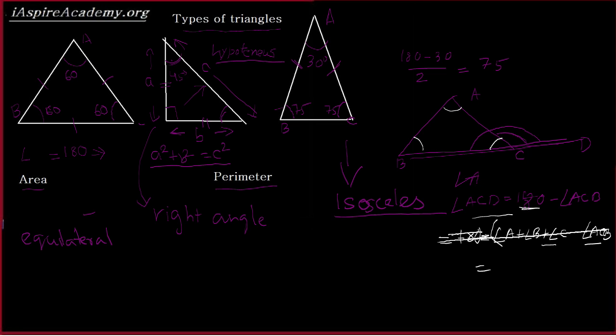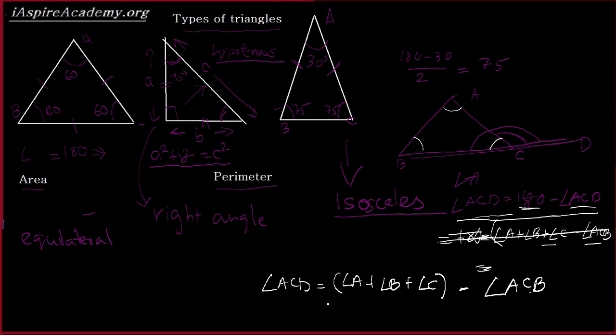So ACD equals 180 degrees, which equals A plus B plus C, minus ACB. If you see, angle C is the same as ACB, which is this angle.